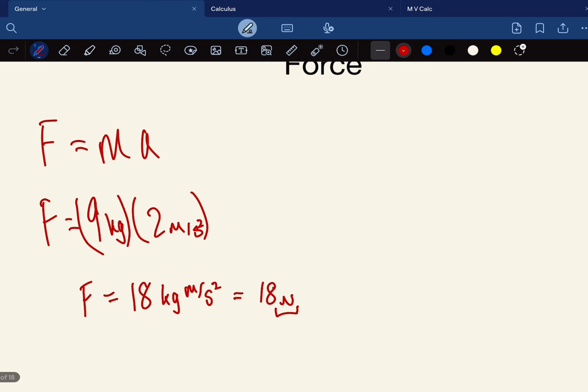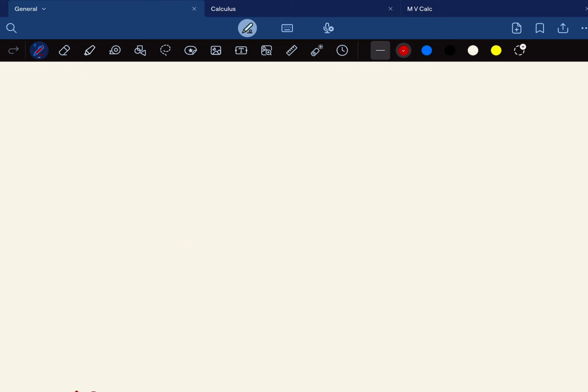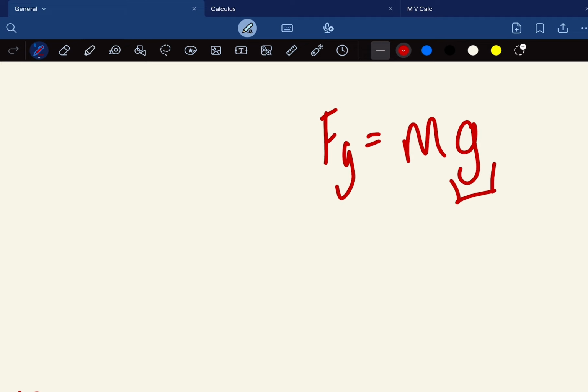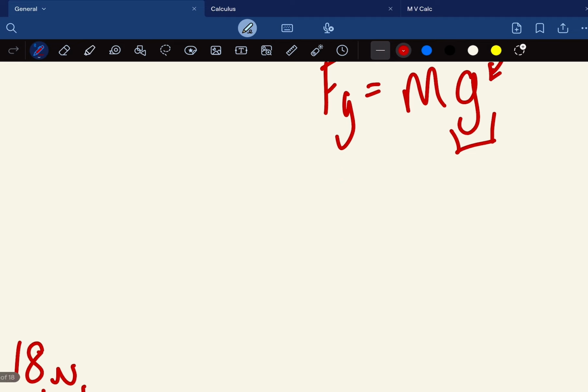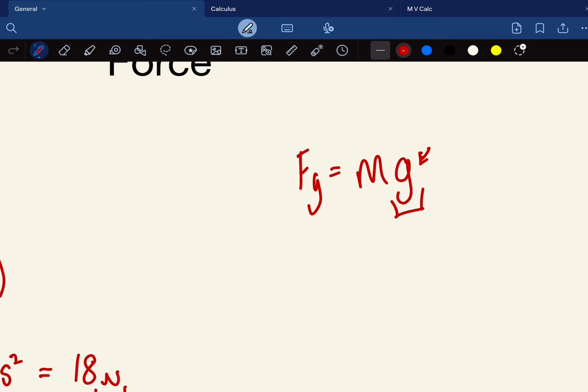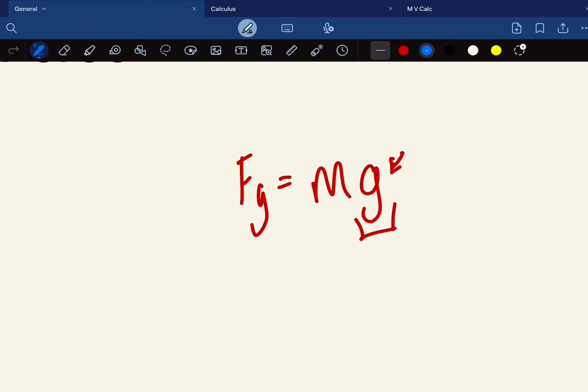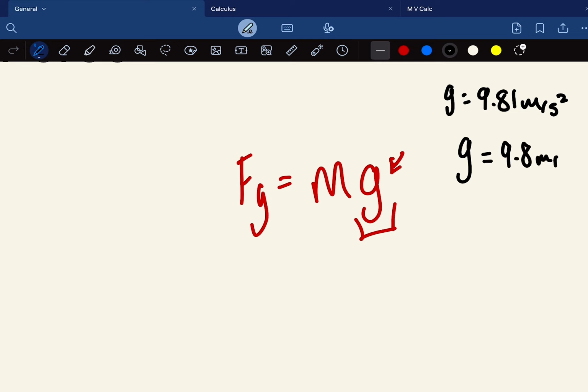Now, the force caused by gravity, denoted as Fg, is equal to mass times the gravitational acceleration strength, so mg. Although g is equal to 9.81 meters per second squared, for the sake of this video we are just going to be using g equal to 9.8 meters per second squared.